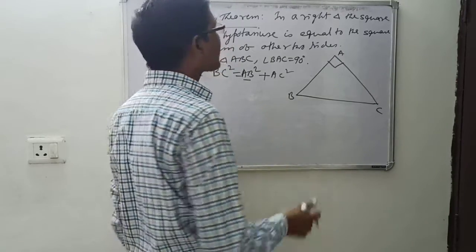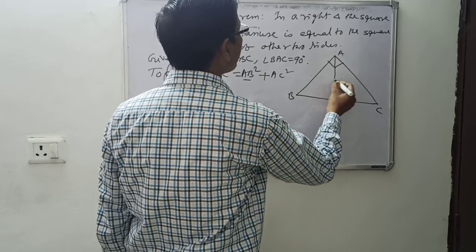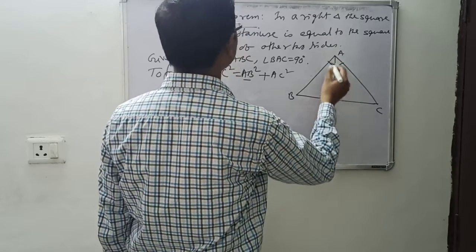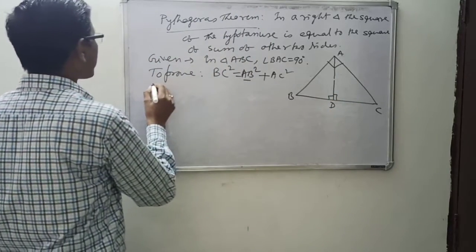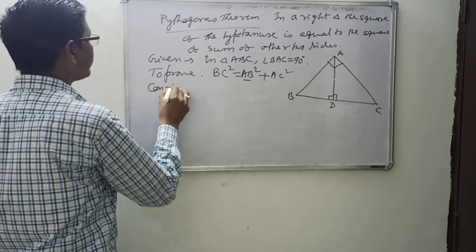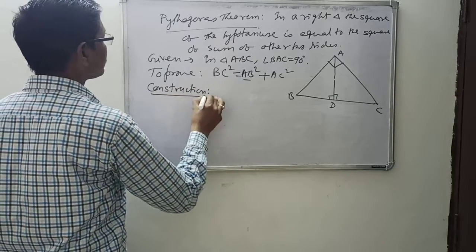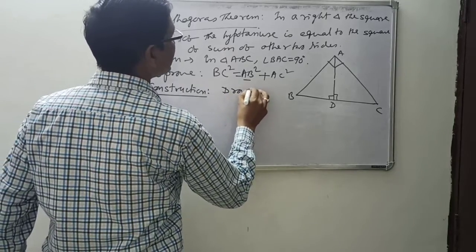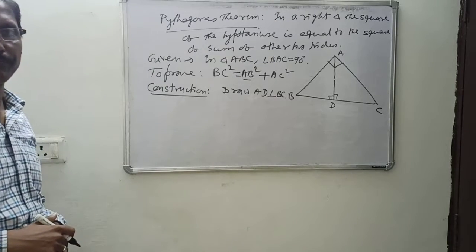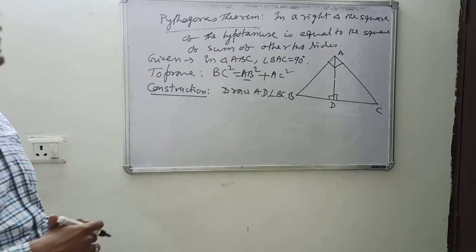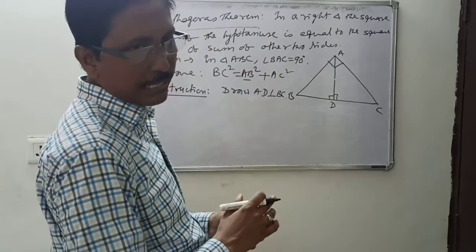To get the other triangle, we do one construction: draw AD perpendicular to BC, so that angle D is 90 degrees. To get AB square, you have to select two triangles with AB.